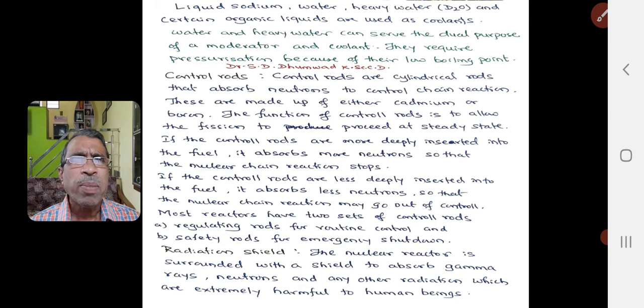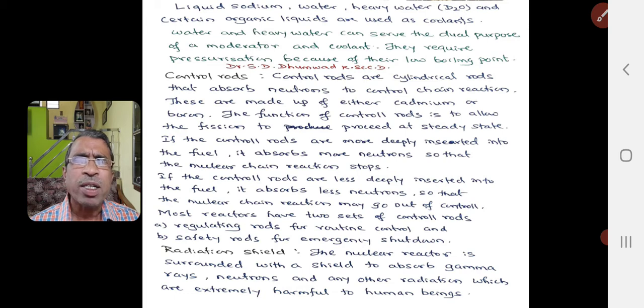Liquid sodium, water, heavy water and certain organic liquids are used as coolants. Water and heavy water can serve the dual purpose of a moderator and coolant. They require pressurization because of their low boiling point. When we increase the pressure, the boiling point also increases.